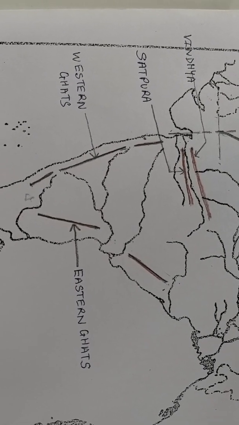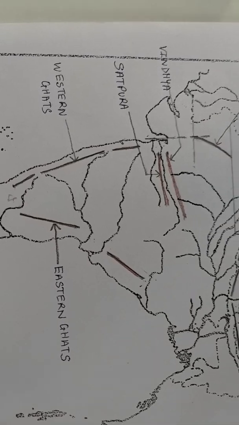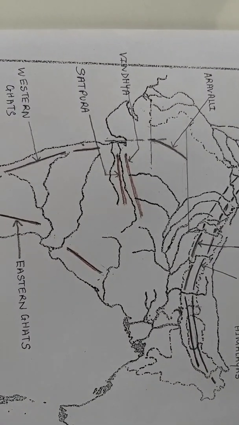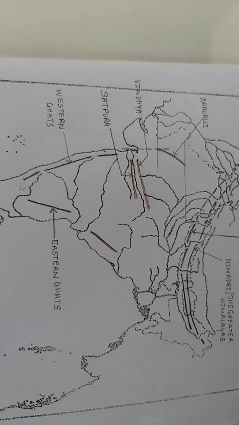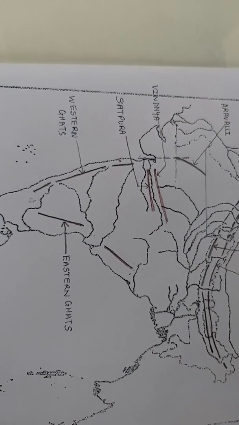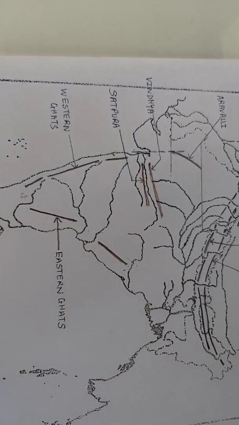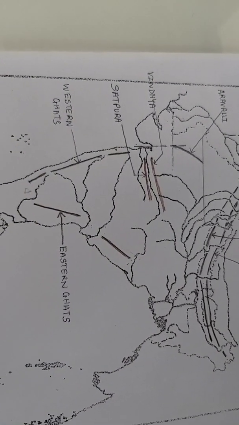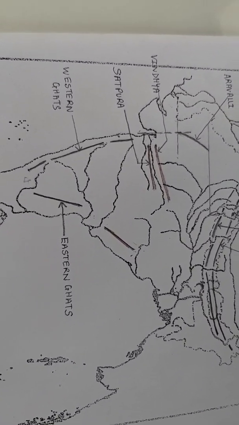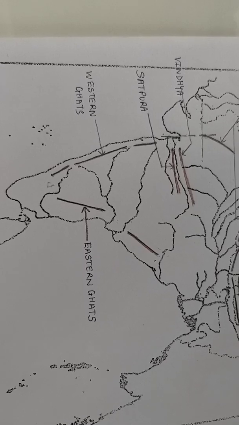So this was all about the mountains. Remember, the Aravalis is the oldest mountain in India. So I hope you understood the maps. Now draw these maps in your outline map of India and submit the maps through email or WhatsApp for correction.